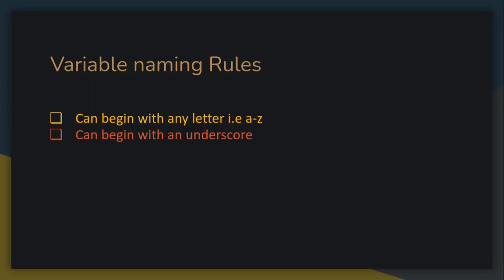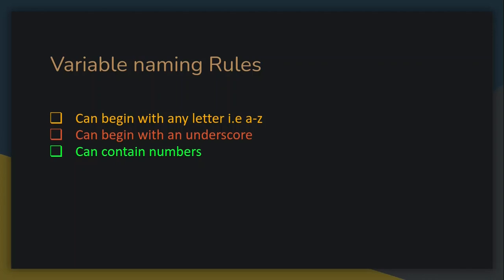In my case, I just have it lowercase, right? It's just alphabet, right? The first character can also be an underscore. So the first two rules say that when you start naming your variable, you can start with any letter from A to Z, or you can start with an underscore.